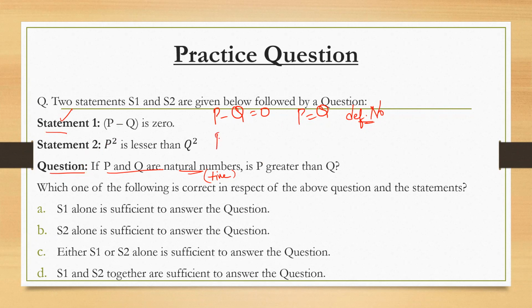Statement 2 says P square is less than Q square. Now please note here, which one will be greater here? If I consider this in P and Q terms, can I say Q will be greater than P?